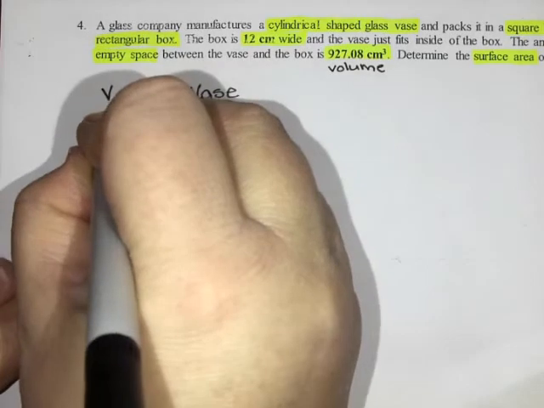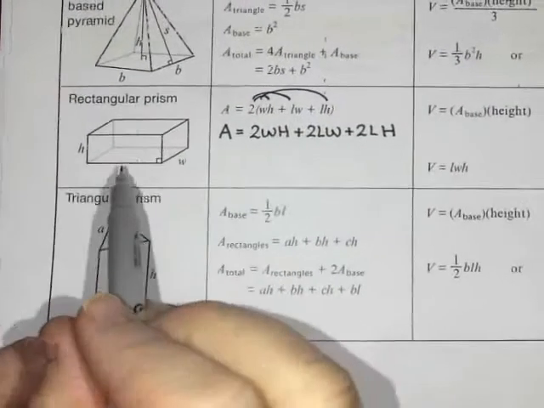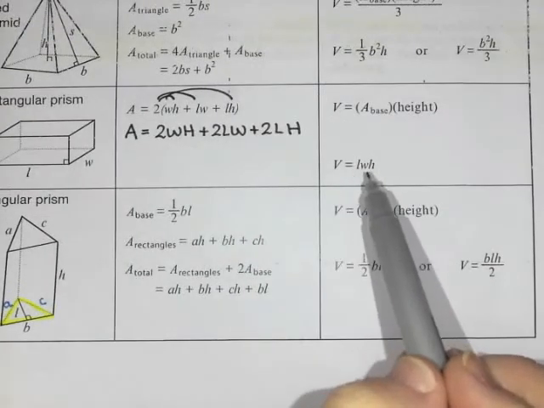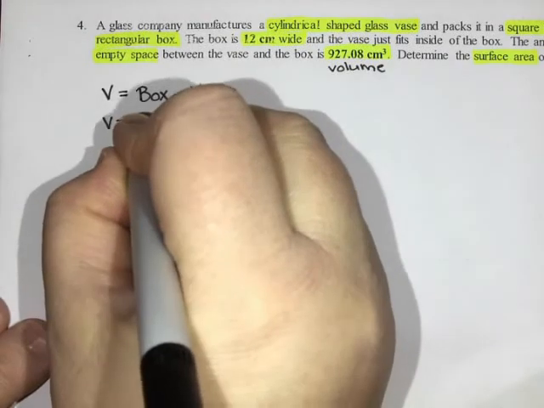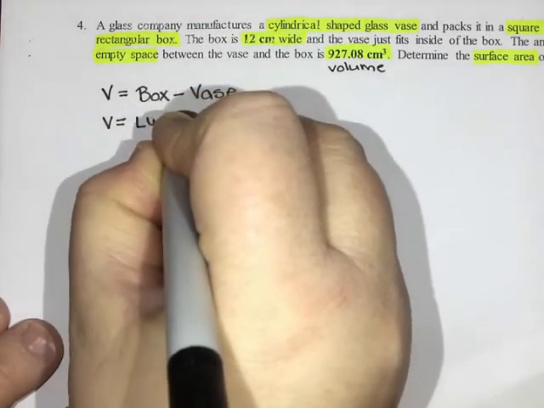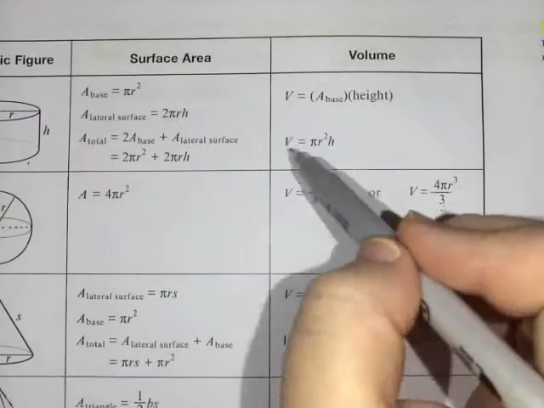So the box is a rectangular prism. So the volume of a rectangular prism is length times width times height. And I'm going to do it in uppercase letters. I find my lowercase l looks like a 1. So the box is length times width times height. The vase, which is a cylinder, is pi r squared h.